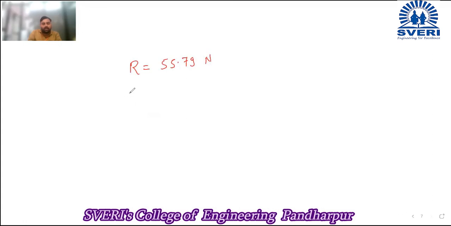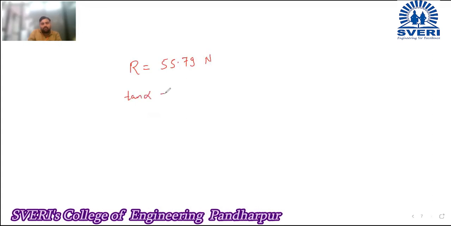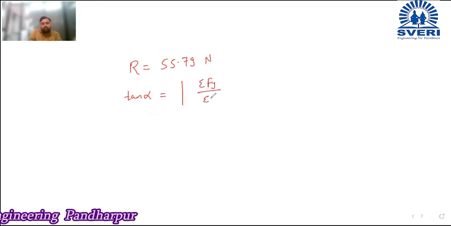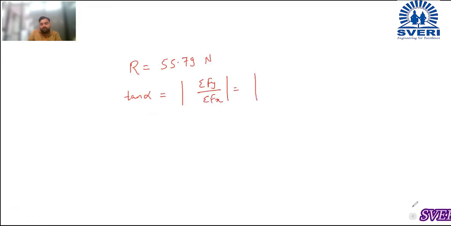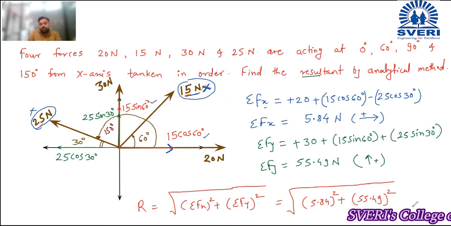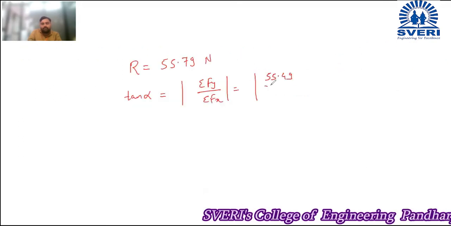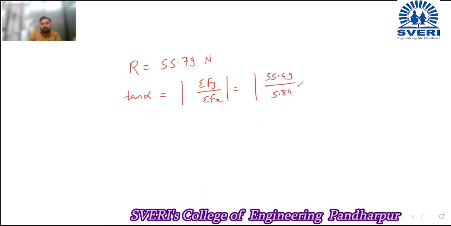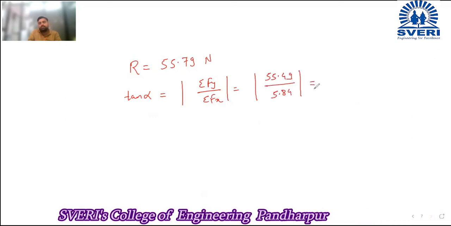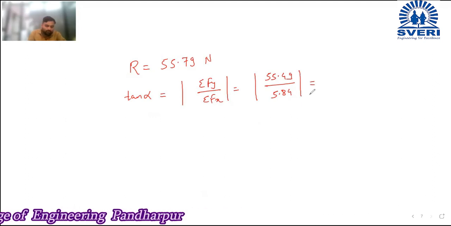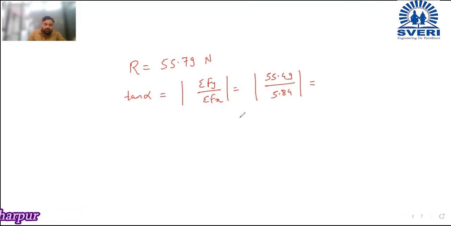Now to calculate the direction, tan alpha is equal to mod of summation Fy upon summation Fx, which is equal to 55.49 divided by 5.84. So tan alpha is equal to 9.5.